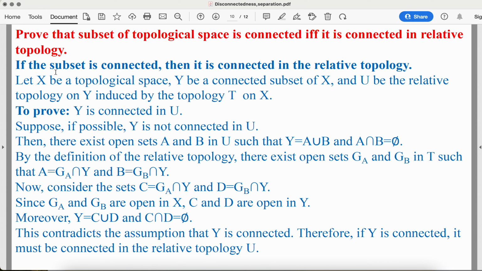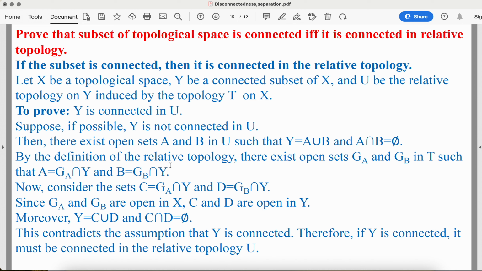Suppose X is a topological space and Y is a connected subset of X, and U is the relative topology on Y induced by the topology T on X. Now we will show that Y is connected in U. Suppose, if possible, Y is not connected in U. Then there exist open sets A and B in U such that Y is equal to A union B and A intersection B is equal to phi.